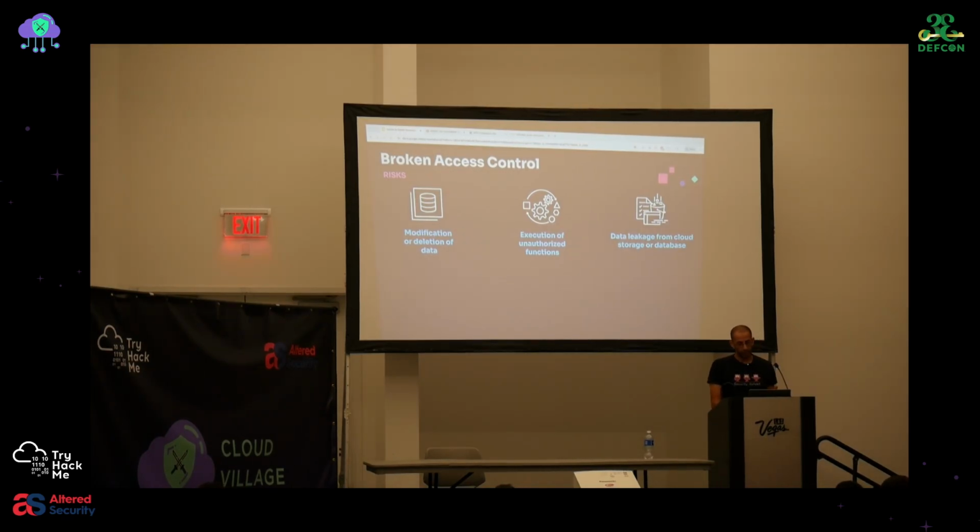Here, for example, you may have overly permissive Lambda functions that can allow unauthorized actors to read, write, and delete sensitive information. If you define those Lambda functions, or functions in general, with overly permissive roles, then it can also lead to execution of unauthorized functions if you didn't mean to, or to data leakage.